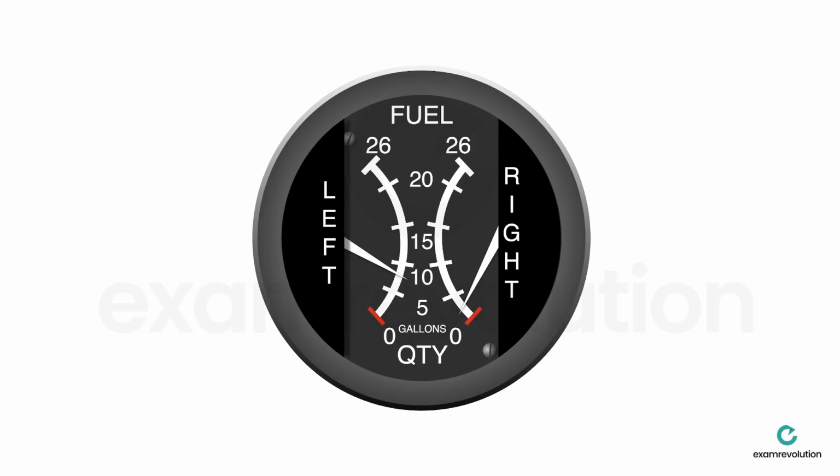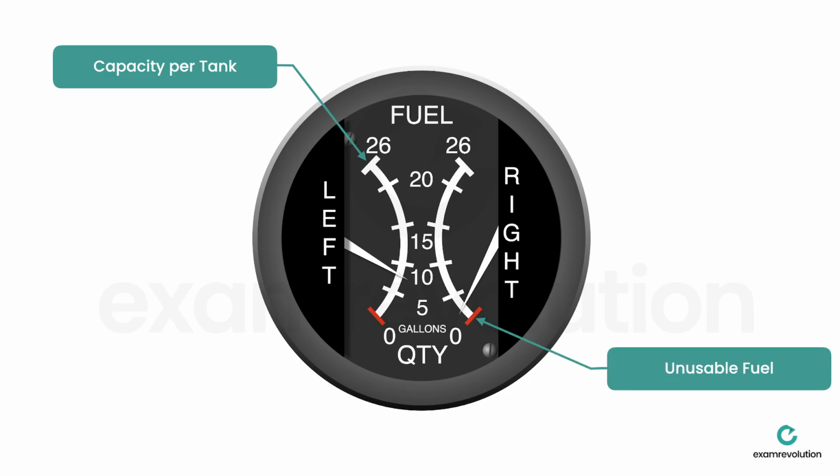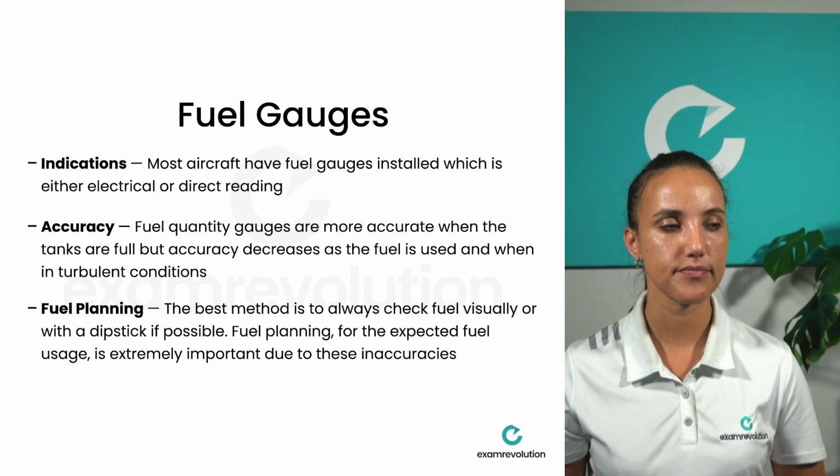So this is an example. Again, each aircraft has a different design, but this is an example of a fuel quantity gauge for the left and right tank. You can see that the top markings indicate the capacity of each tank, and the lower red line indicates the unusable fuel in the tank.